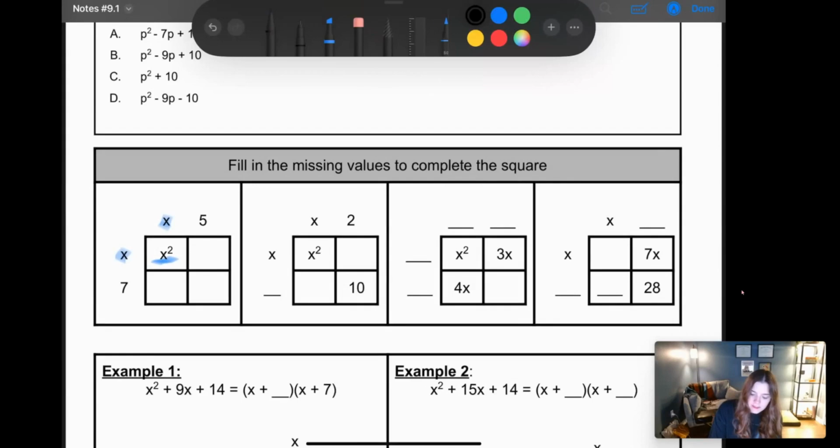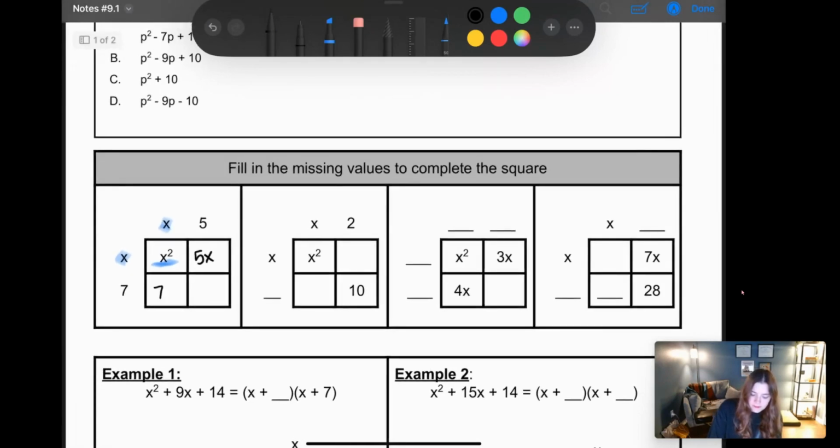So I'm going to say right here, 5 and x give me 5x. 7 and x give me 7x. Okay, what about 5 and 7? If I multiply 5 and 7, what does that give me? 35.